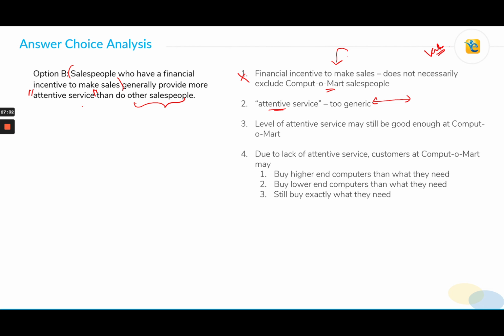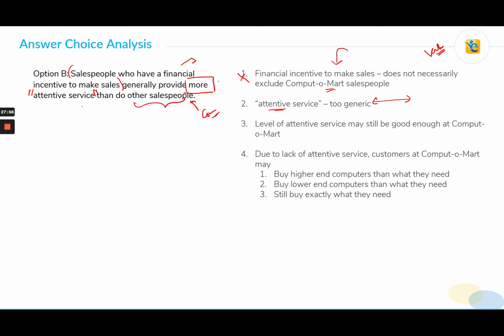Now, another red flag is the comparison that's given here. All option B tells you is one type of salespeople, those who have a financial incentive to make sales. Let's assume that is a competition, and let's assume other salespeople refers to Comput-o-mart salespeople, though we have already seen it's not necessarily the case. So let's assume that the competitor salespeople provide more attentive service.